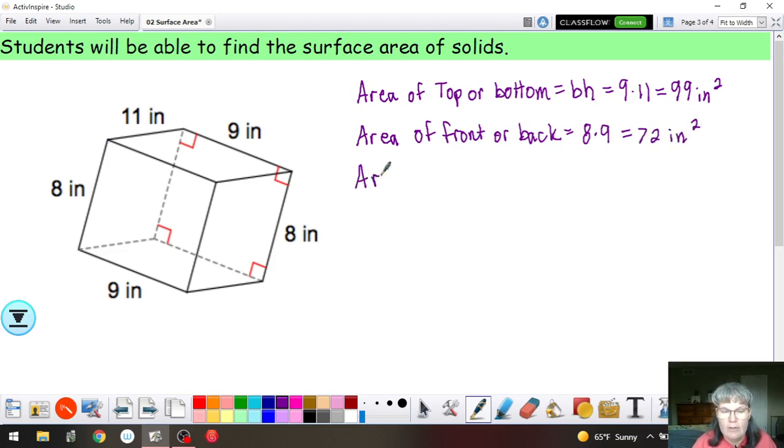And the area of the left side or right side has 8 by 11 inches, or 88 square inches.